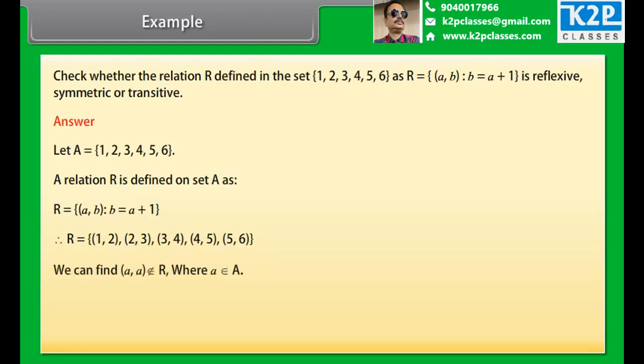We can find (a, a) not belonging to R where a belongs to A. For instance, (1, 1), (2, 2), (3, 3), (4, 4), (5, 5), (6, 6) do not belong to R.